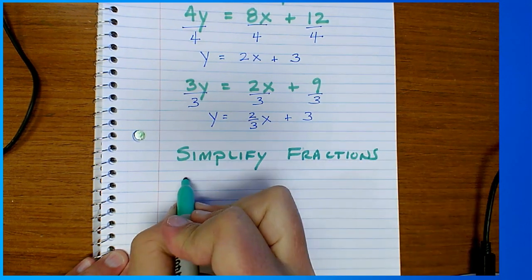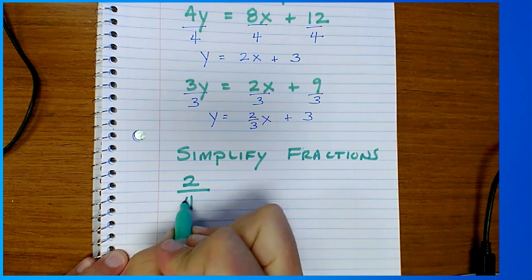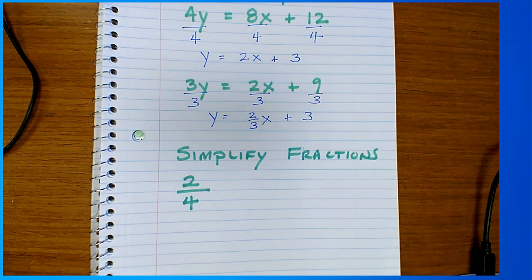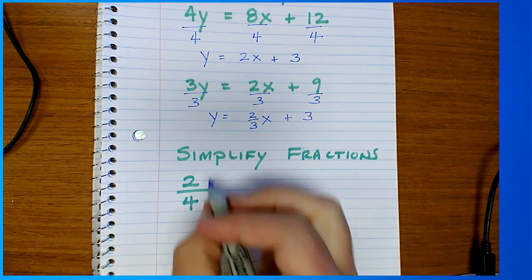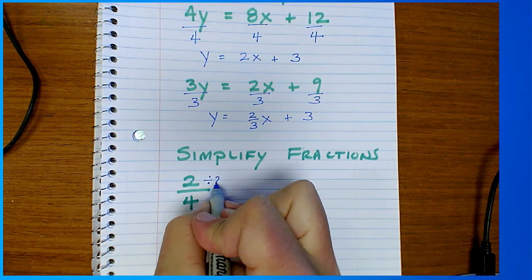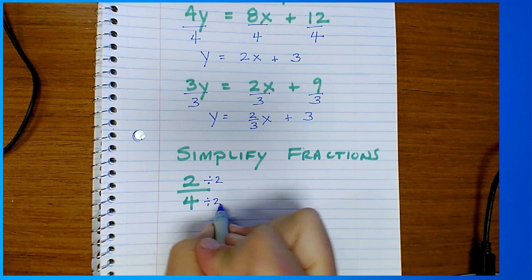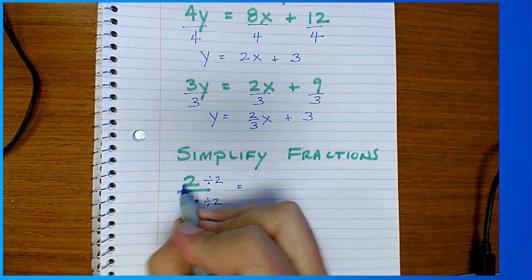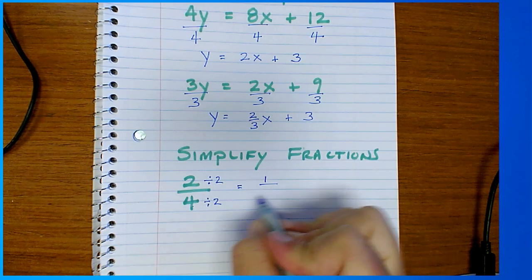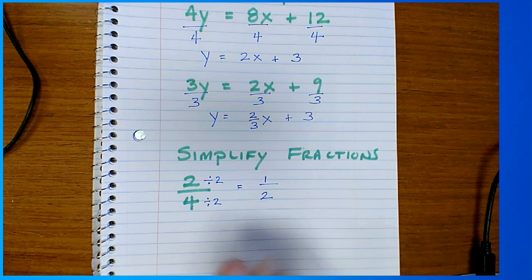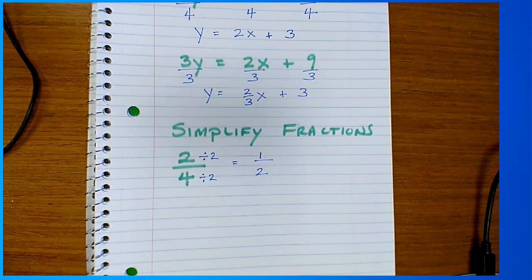If I had 2 over 4, I can simplify that. I find a number that divides into the top and the bottom, divided by 2, divided by 2, and that leaves me with 2 divided by 2, which is 1, 4 divided by 2, which is 2. 2 over 4 is the same as 1/2.